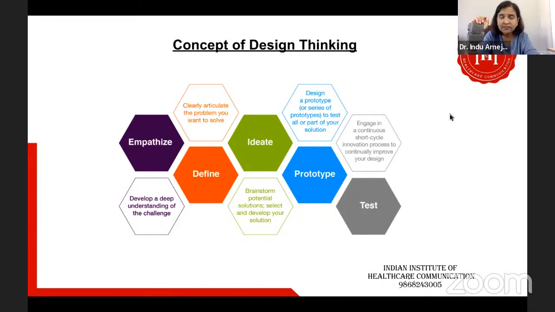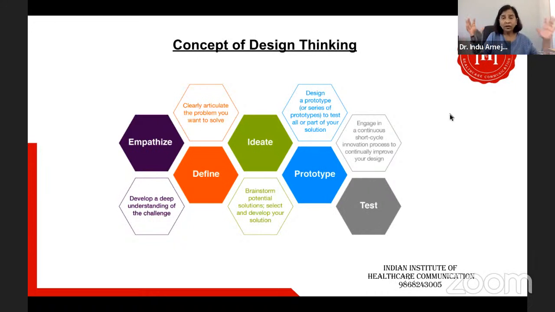Then the third step is ideate. Ideate is when you are brainstorming and creating multiple ideas which could be potential solutions to the problem. So you don't resolve the problem as a knee-jerk reaction: okay, there's no ventilation, have a window here, now we have ventilation.